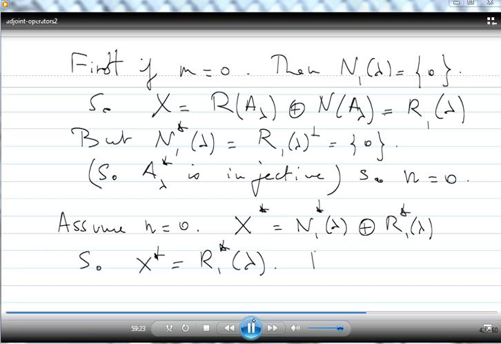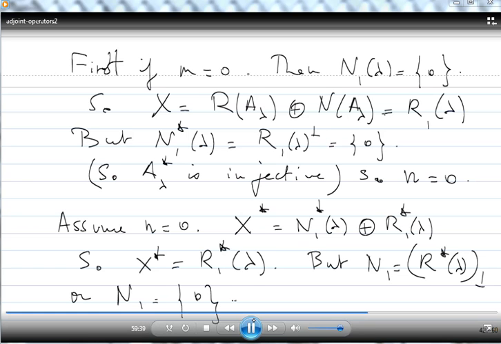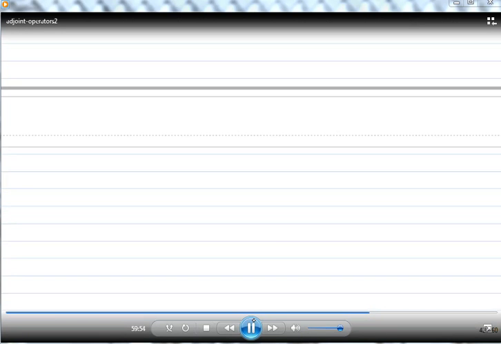But N1 is going to be the orthogonal of R star of lambda, or rather, because it's equal to X star, the orthogonal, when you go back to X, you get 0, which implies m equals 0. So obviously, if one of them is equal to 0, the other one is equal to 0.